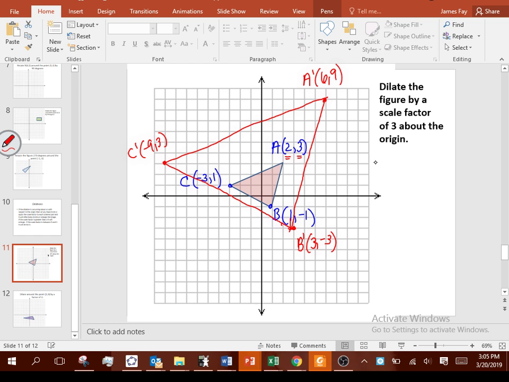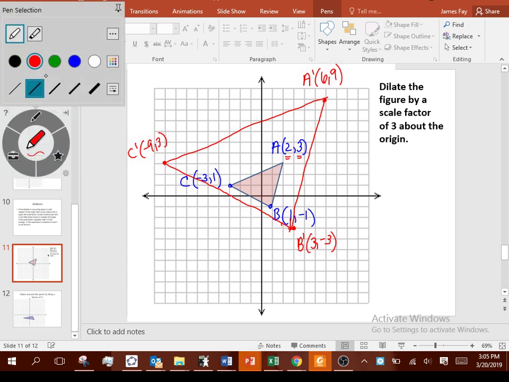I did AB earlier. Let's go A to C. Let's find distance AC. You guys remember how to find distances with the distance formula? Yes. Okay, so distance AC, you subtract your x's. So it's 2 minus -3.